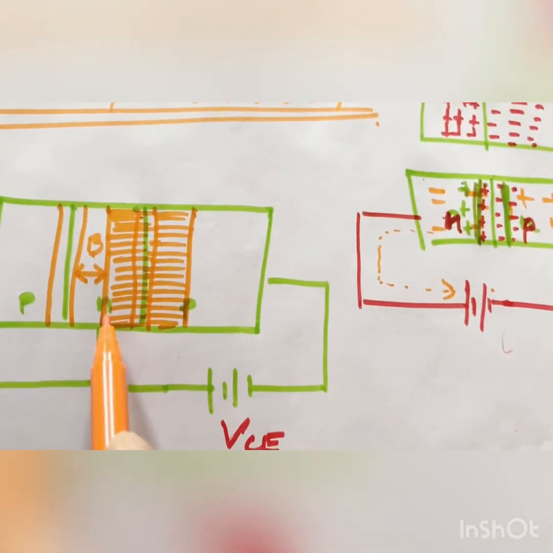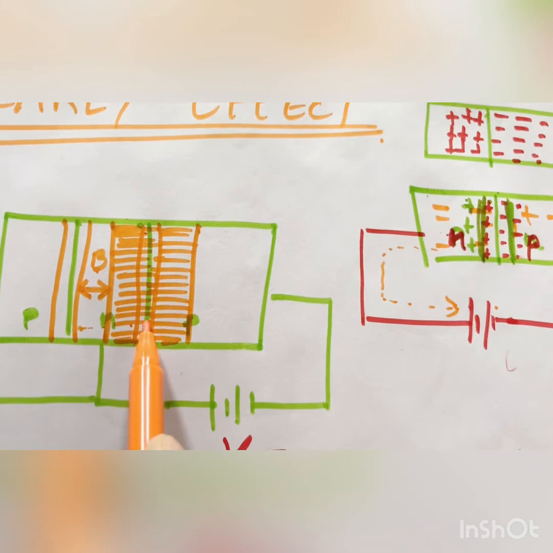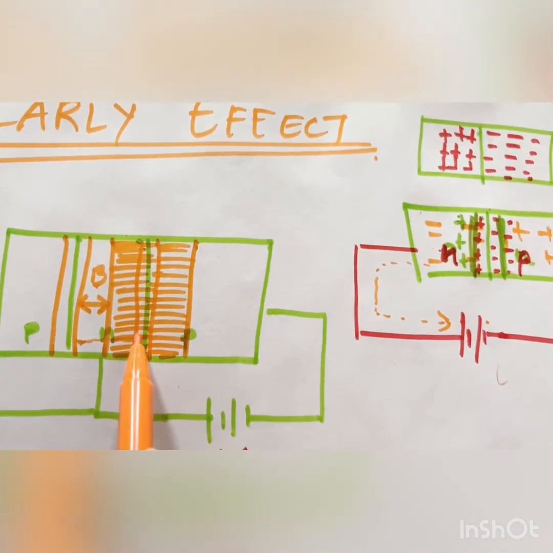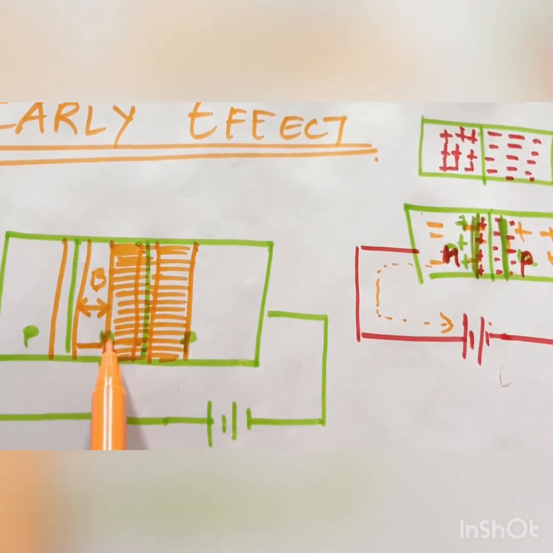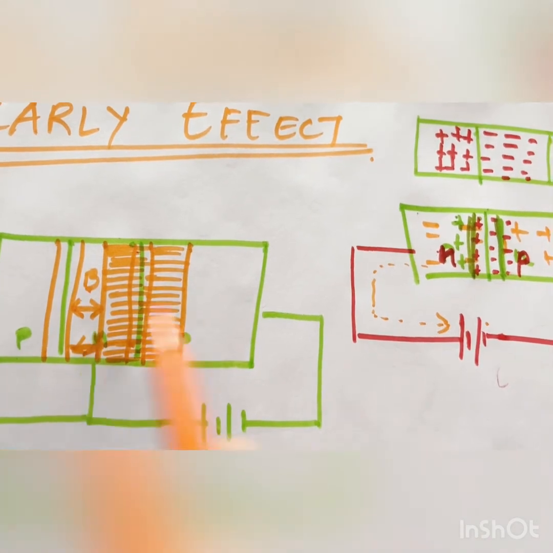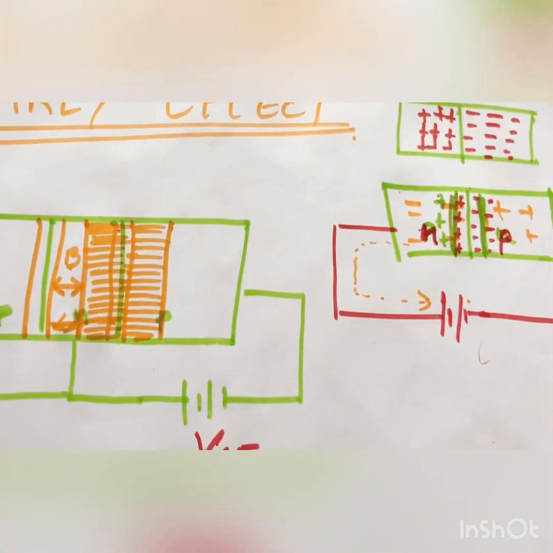Earlier this was the base, and now, when the depletion region widens, the effective width of the base decreases. So what does that mean?